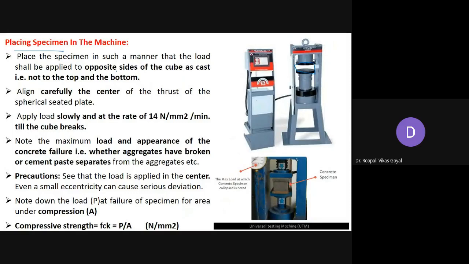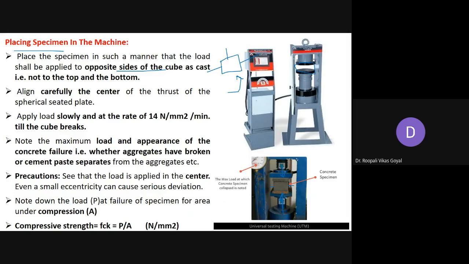Suppose casting is done in this direction, then we apply the load in the perpendicular direction, which means we have to rotate the cube. That is the method to test the cube specimen, while in the cylindrical specimen, casting and loading are done in the same direction.